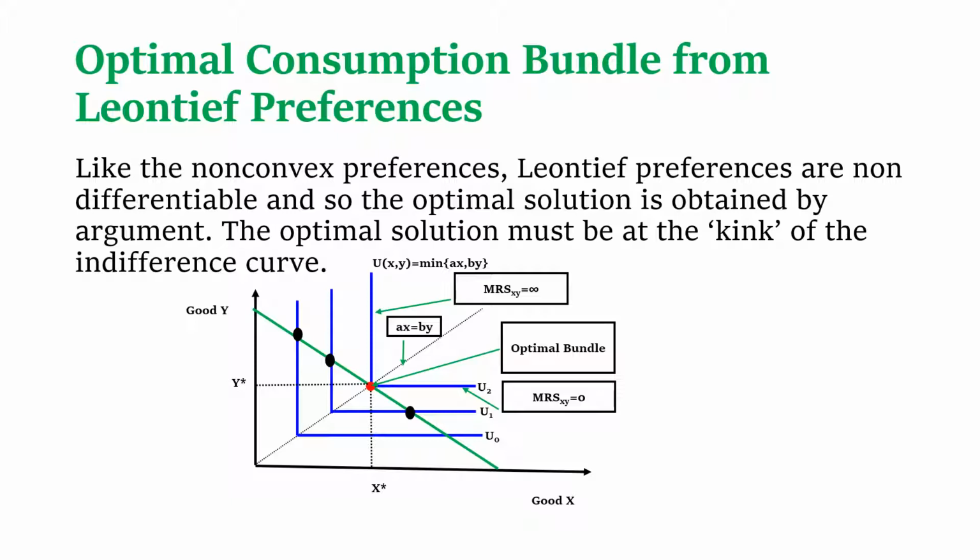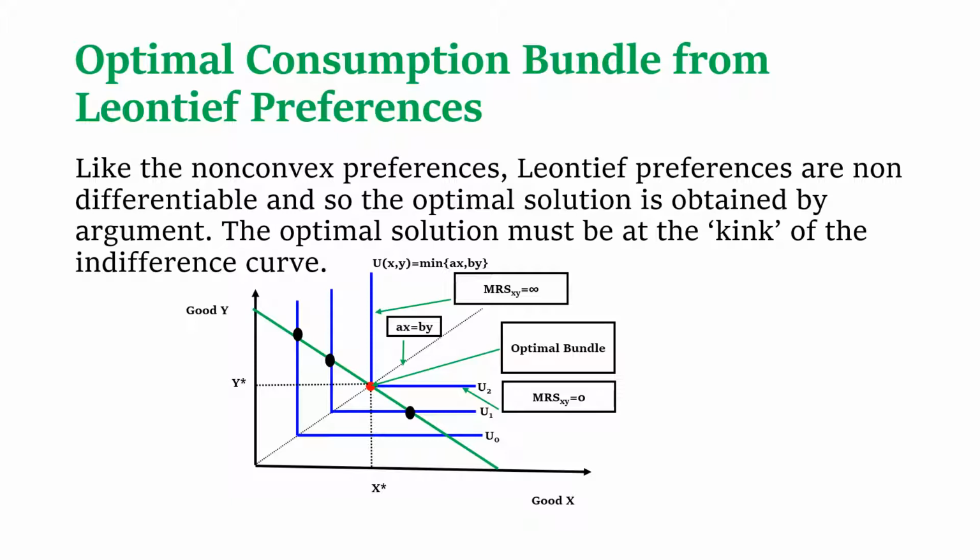You are not better off having more left shoes and fewer right shoes. So that is why for all Leontief preferences or fixed proportion preferences, the optimal consumption bundle is always at the kink of the indifference curve.